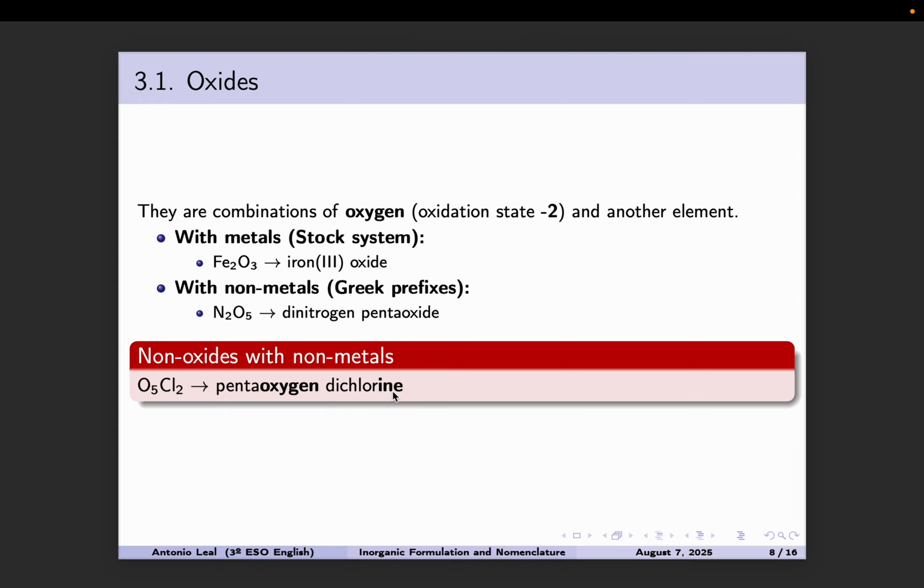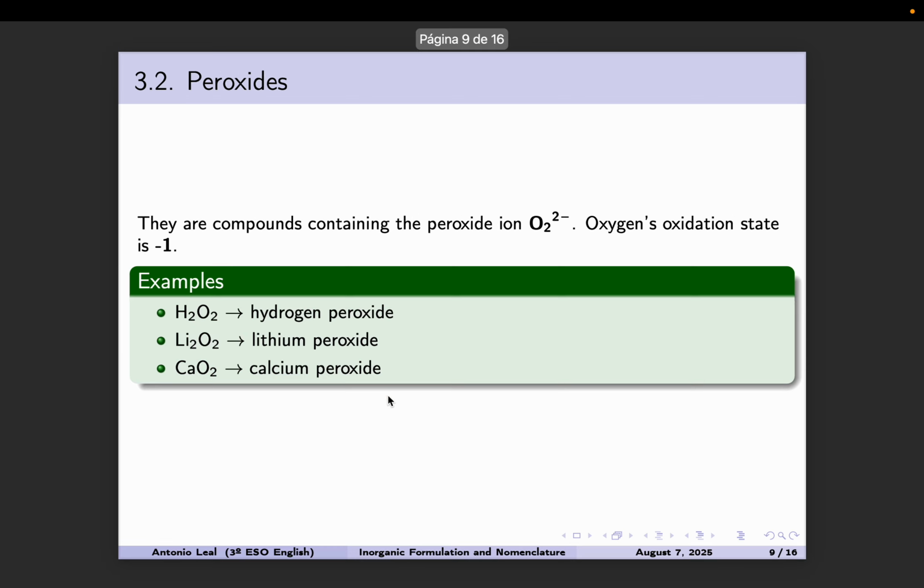This is a D, it's a mistake, okay? Not an N, but a D. It's the combination of oxygen and chlorine, and chlorine is forming here the chloride compound, so it's D.